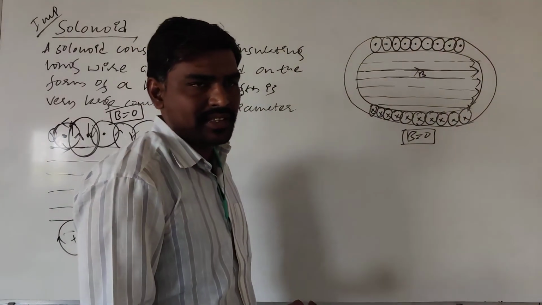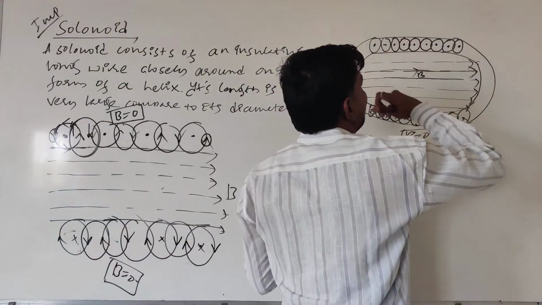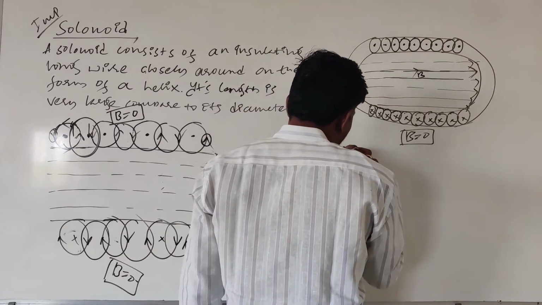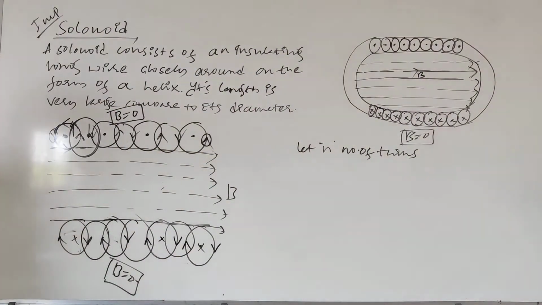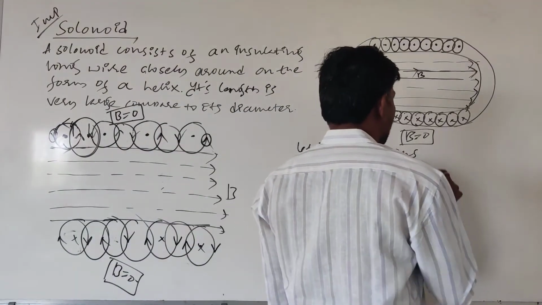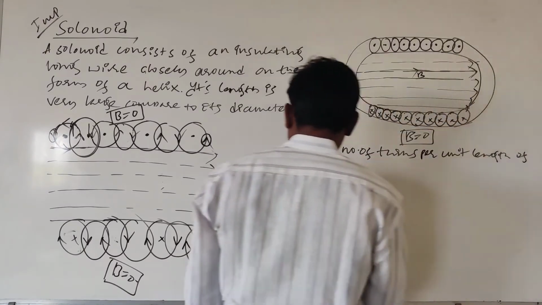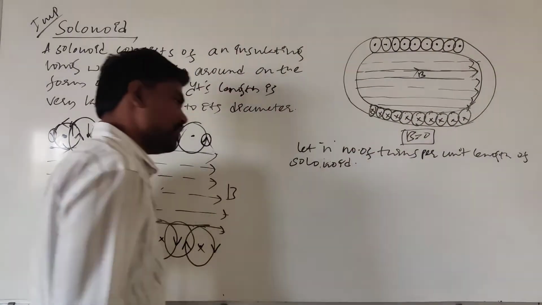Now I am going to consider here, let n be the number of turns per unit length of the solenoid.